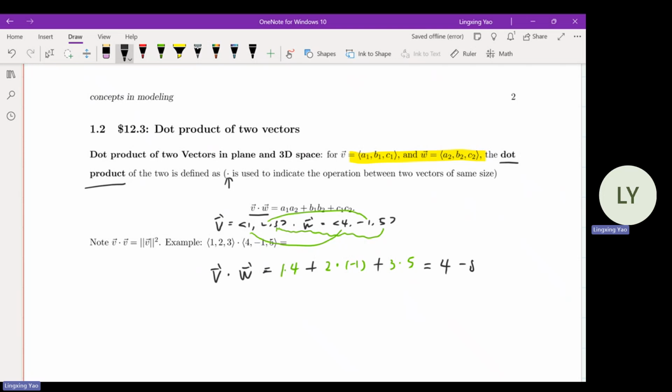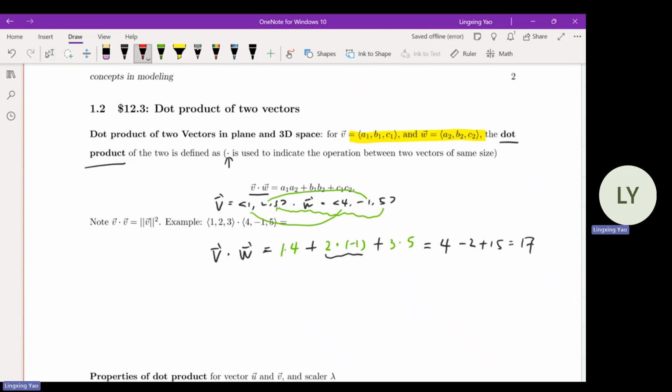It's 4 minus 8 plus 15, which is 11, I think. Oh, is that 11? No, sorry. This is not 11 because we made a mistake over here. This is 2 minus -1, which is 2 times... so this is 17. Okay, this looks better.